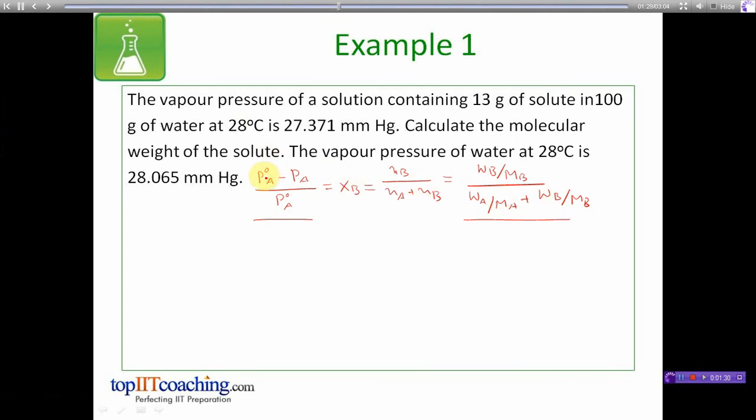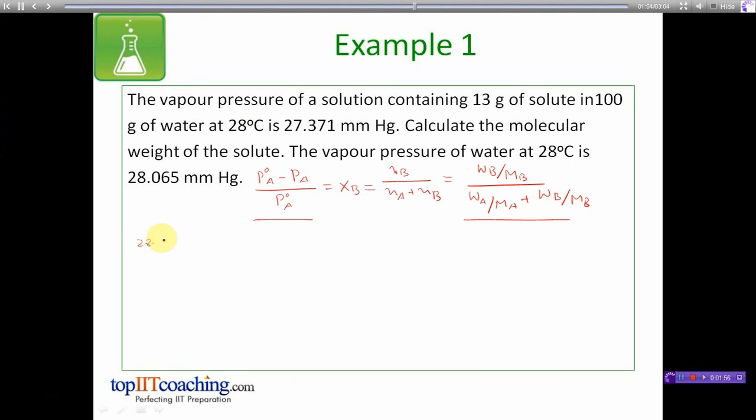P naught A, that is the vapor pressure of pure solvent, is given to us. It is 28.065 millimeter. PA is 27.371. WB, that is the weight of the solute, is 13 grams. Its molecular weight has to be determined. WA is the weight of the solvent, that is 100 grams. And we know that the molecular weight of the solvent, which is water in this case, is 18.